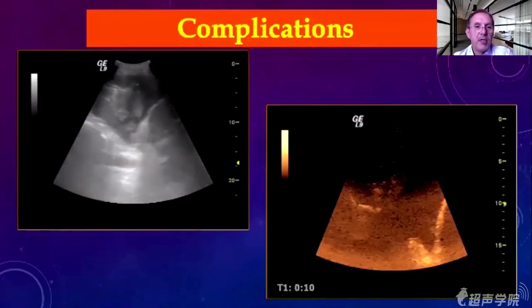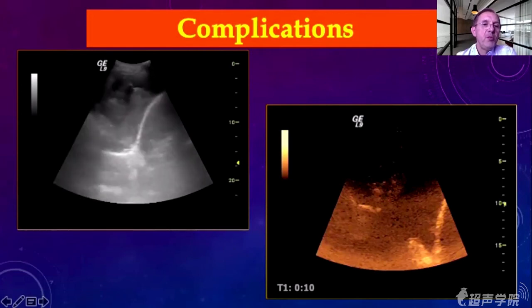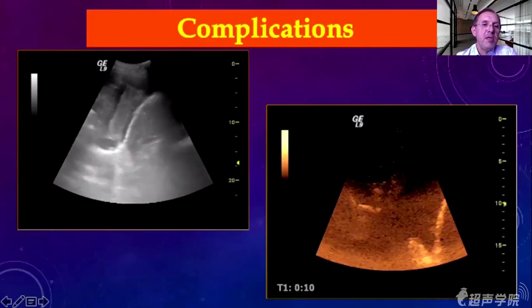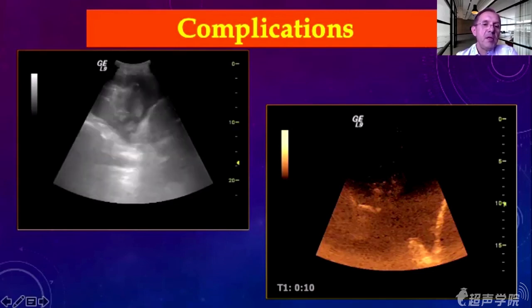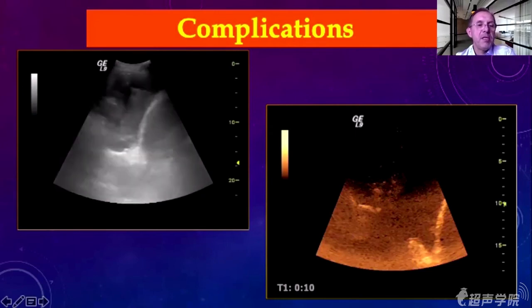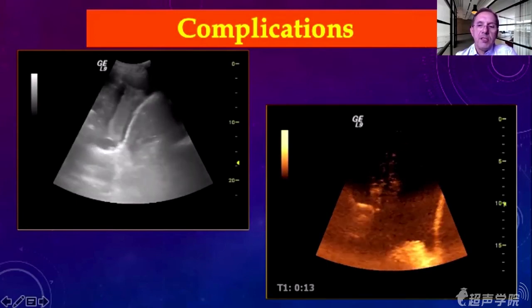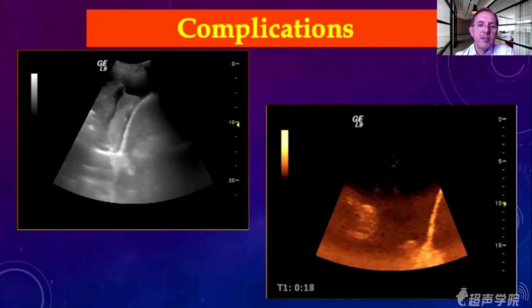In cases with complications, here it was a biopsy in a patient with pleural effusion, and 10 minutes after the biopsy, the patient experienced some pain in the thorax, and we did an ultrasound and we saw this mass moving. Of course, we have experience in interventional ultrasound, you see that this was a clot, but we tried to inject contrast agent in order to see if the bleeding was stopped or not, and how big the bleeding is.